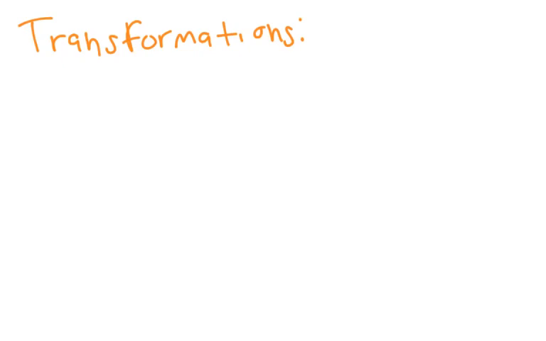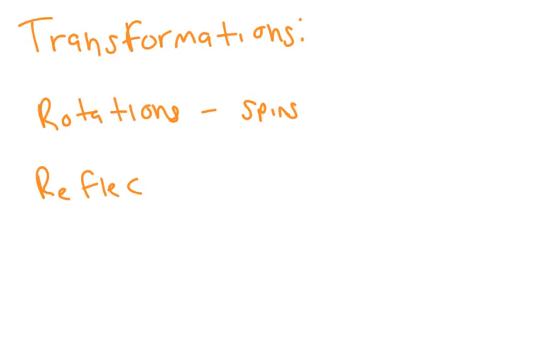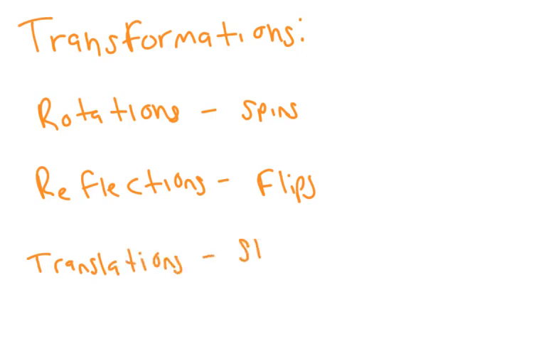They are made up of rotations, which are spins, and they are made up of reflections, which are flips, and finally, they are made up of translations, which are slides.